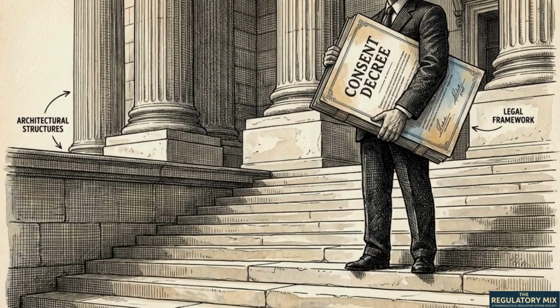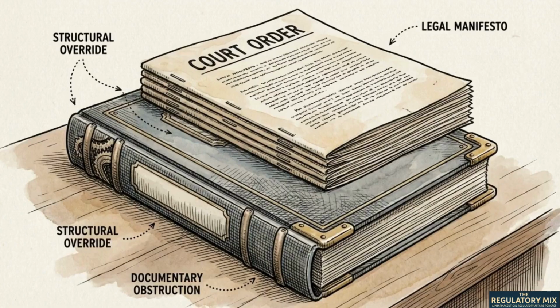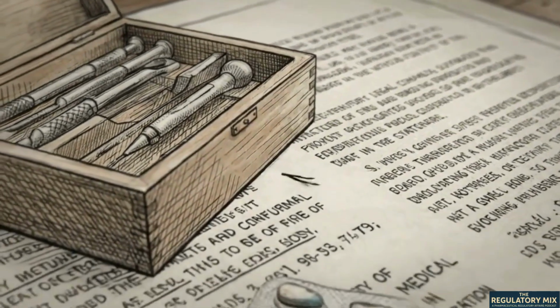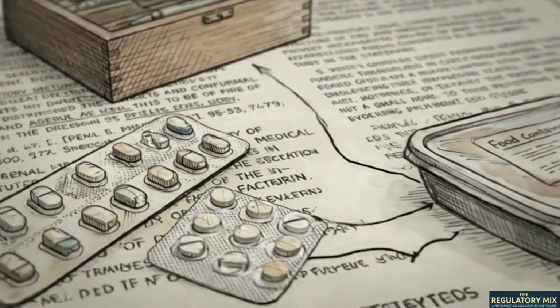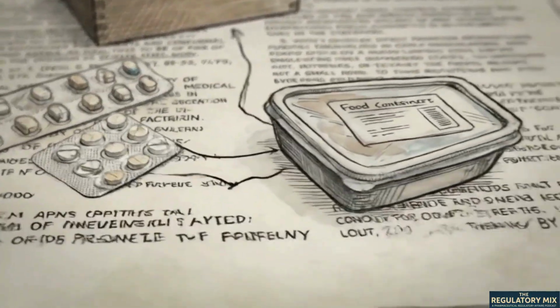The ultimate judicial override comes in the form of recalls ordered by consent decree. In these scenarios, the exact actions and timelines are prescribed by a court order, superseding the procedures manual entirely. A firm's legal leverage is not based on general FDA policy. It is dictated entirely by where their specific product sits on this statutory matrix.